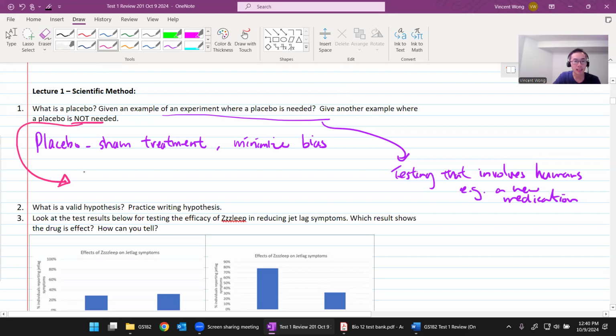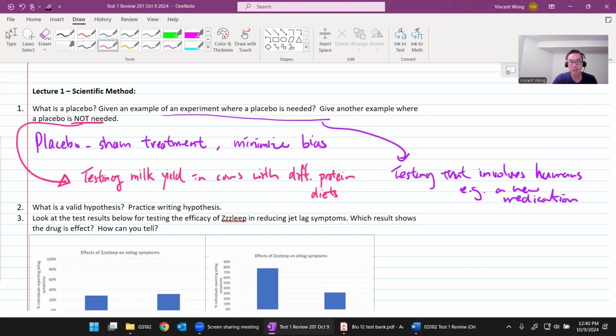It will be like testing milk yield in cows with different protein diets. For cows, you're not going to need to give a placebo. You need a control, but you're not going to need a placebo.